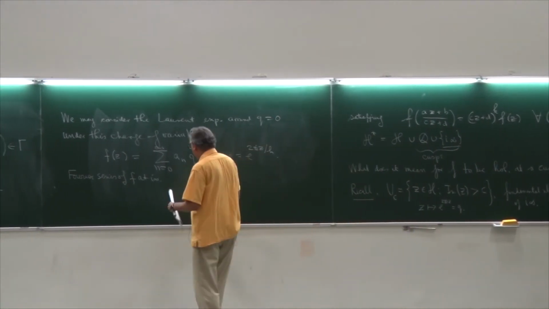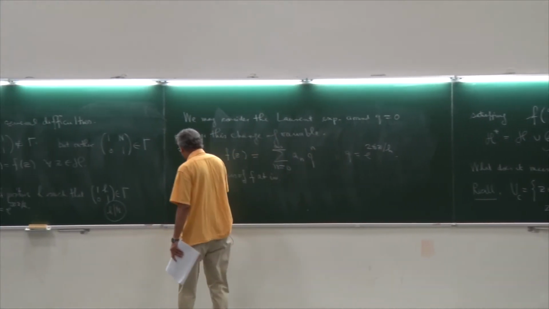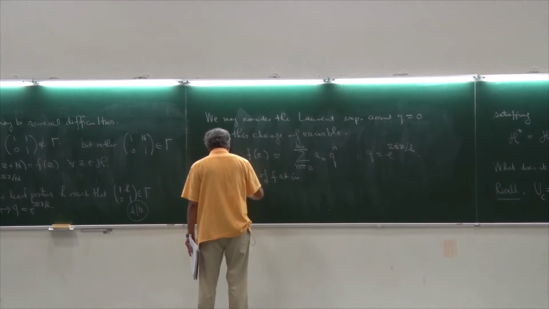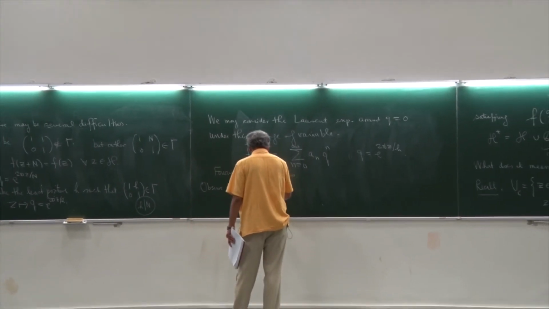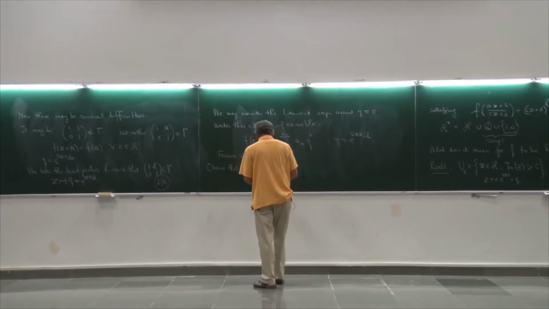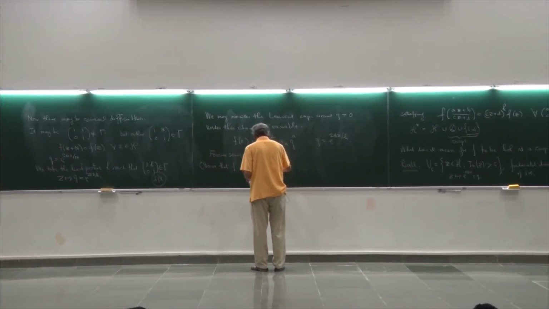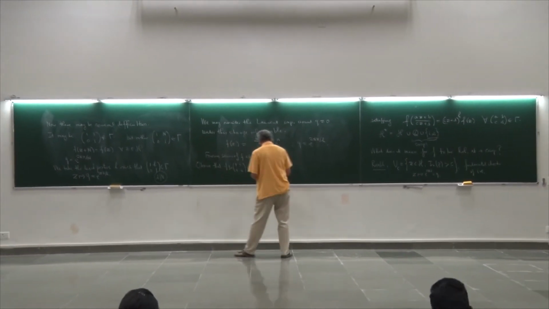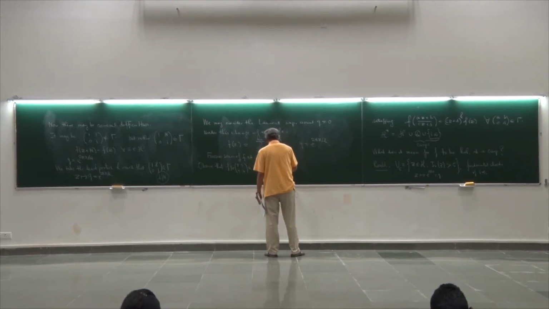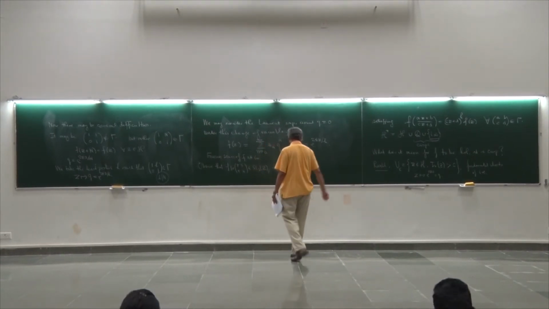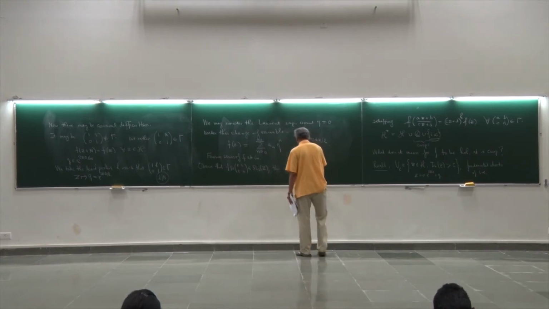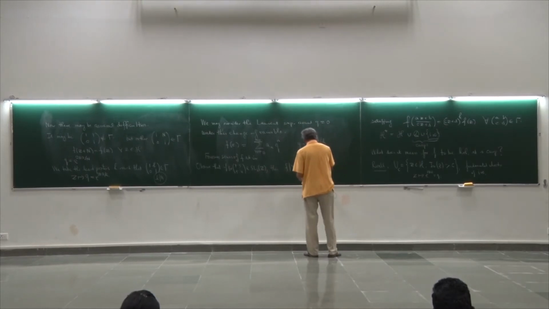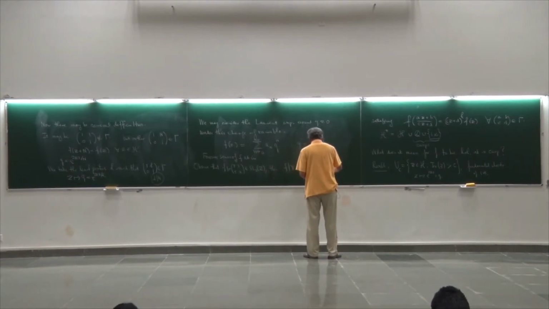Before I do that, observe that if gamma is an element of SL2Z, given by a b c d, then f slash gamma is again holomorphic in the upper half plane.